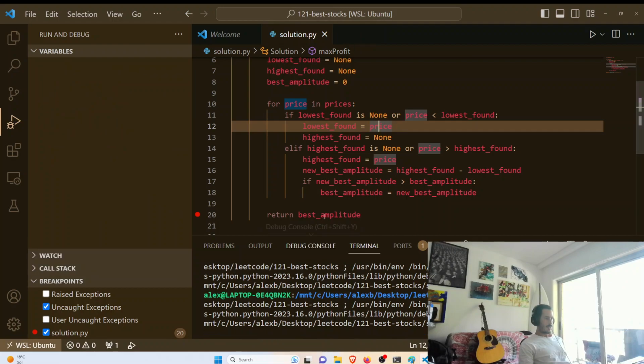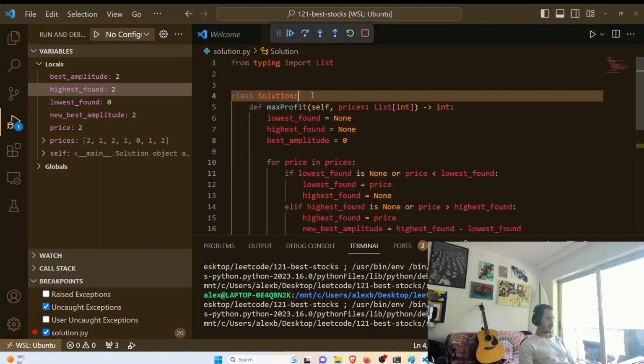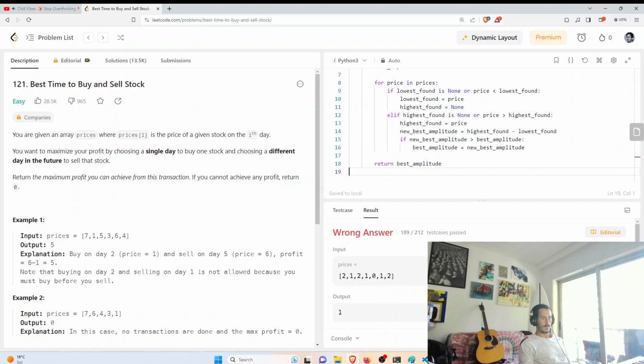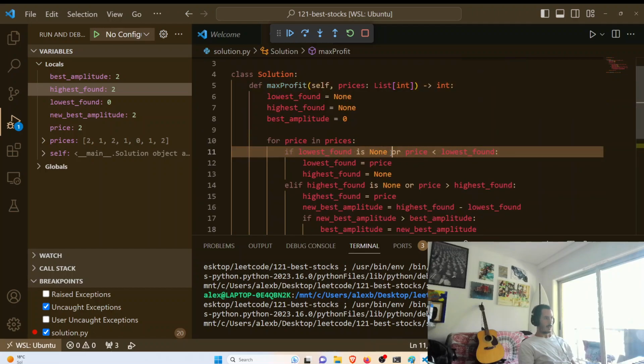Best amplitude 2. Okay, that's it. So why did I go wrong? Because I was going for if not lowest found, and when it's 0, then 0 gives the Boolean value False.